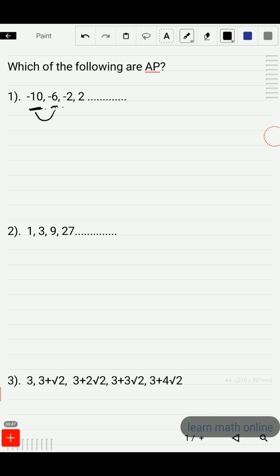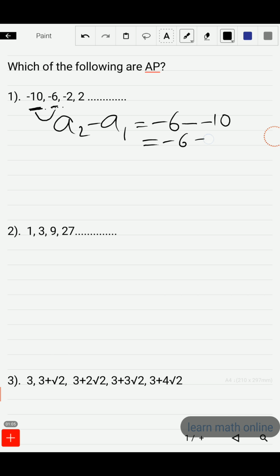That means we should subtract minus 10 from minus 6. So A2 minus A1 is minus 6 plus 10, which is 4.